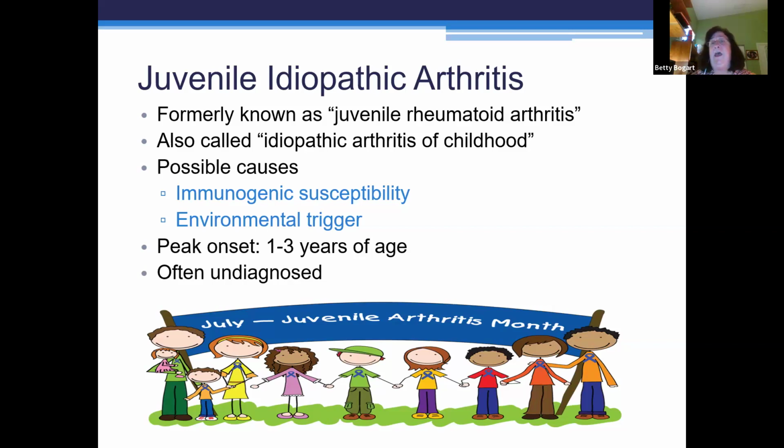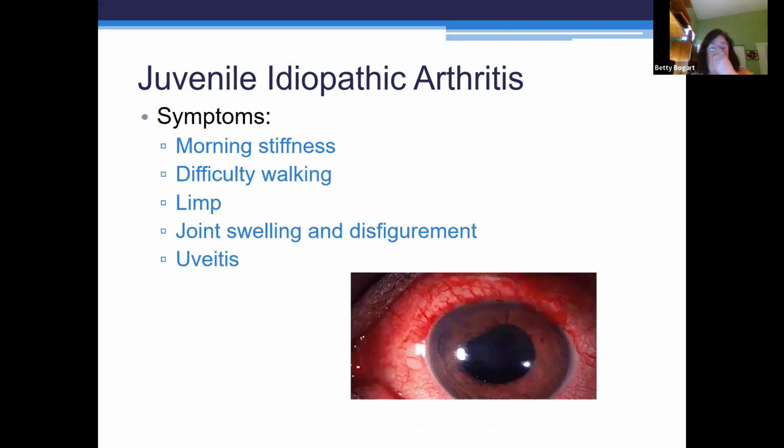Now, JIA used to be called rheumatoid arthritis, right? But they call it juvenile idiopathic arthritis now. And we know it's when the body starts attacking its joints. We see these in children 1 to 3 years old, we'll start to see it. What do we see?